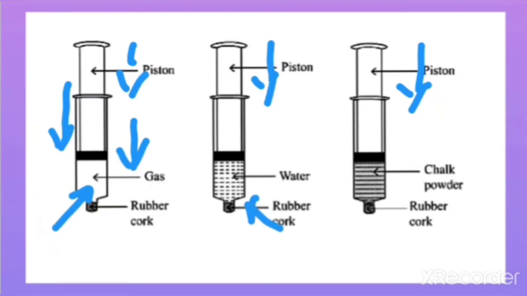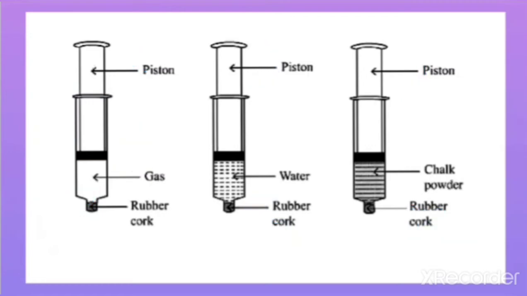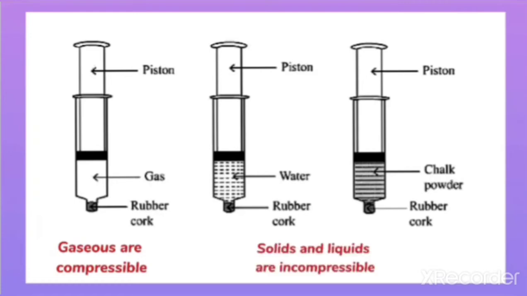But it is a little bit difficult with water, and even more difficult in the case of chalk powder. So what is our conclusion here? Gases are compressible, because the first syringe has gas which could be compressed, but solids and liquids are incompressible.